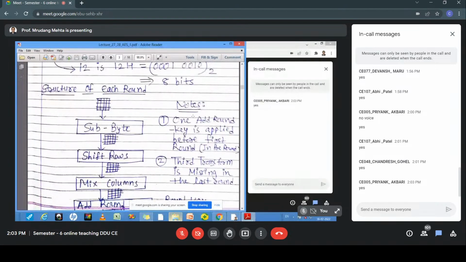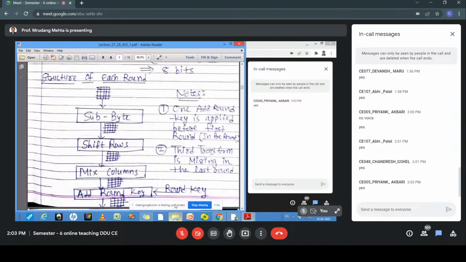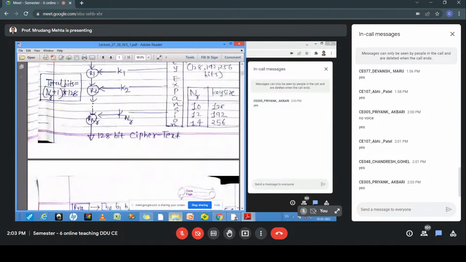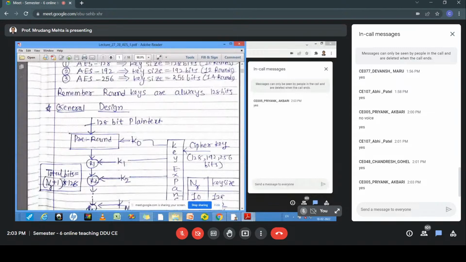Add round key is applied before the first round, that is in the pre-round. If you can recollect, there is a pre-round and there is key K0. This is added before round 1.